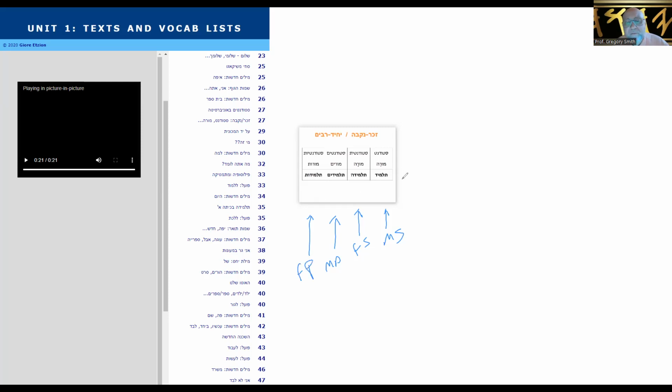For example, for a pupil, it's just talmid, masculine singular. If it's a female singular pupil, it's talmidah. And then talmidim, a bunch of pupils, students. There's a slight difference between talmid and student.